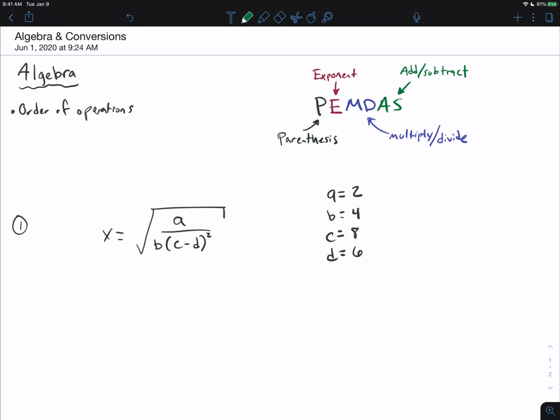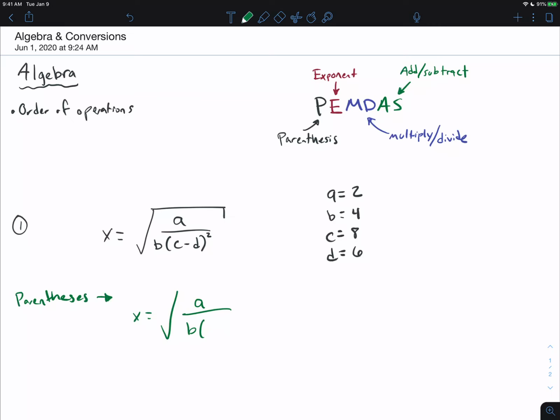So my first step here, I'm going to put parentheses. Okay, and what I'm going to do is I'm going to substitute. I'm going to leave everything else the same except for c minus d.